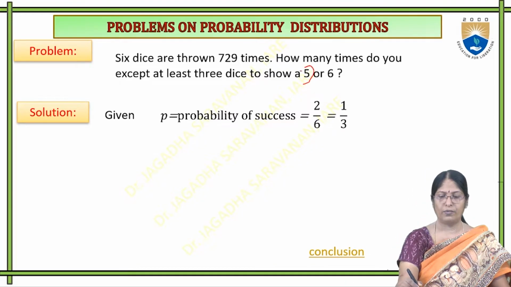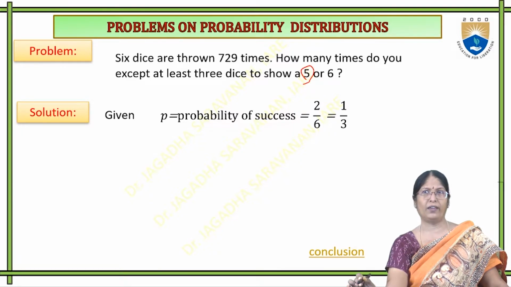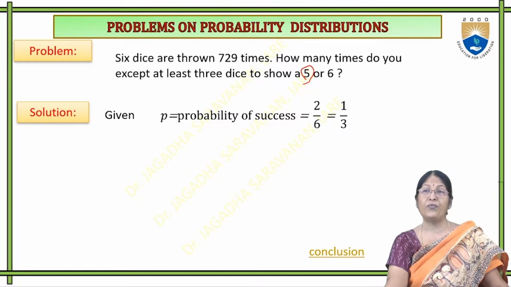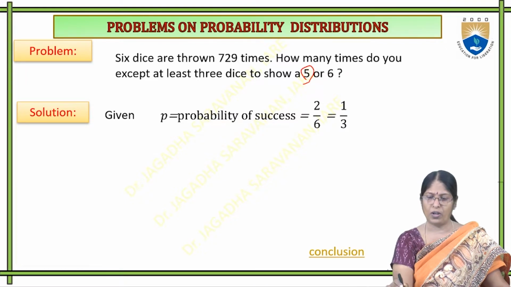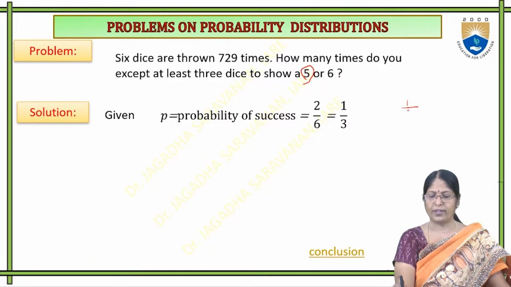To get a 5 on a single die, by the basic definition of probability, it is the favorable outcomes, 1, divided by the total outcomes for a single die, 6.